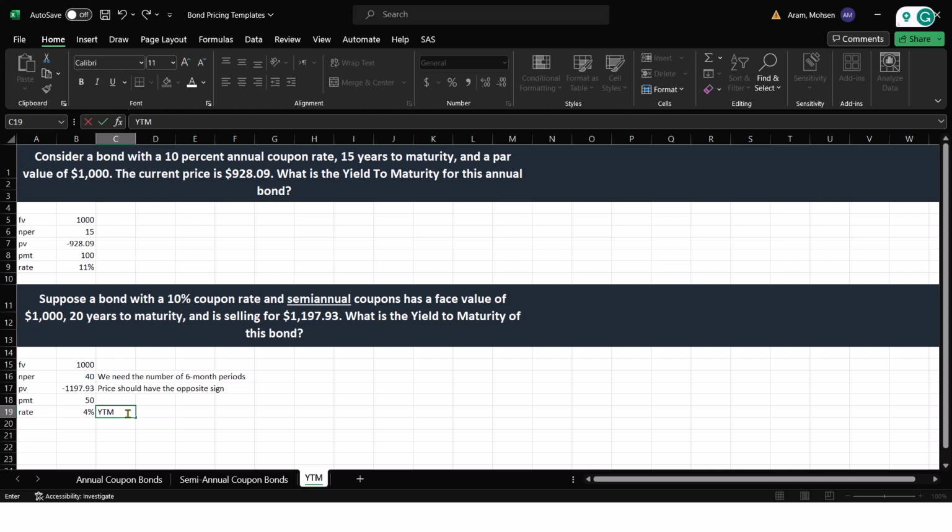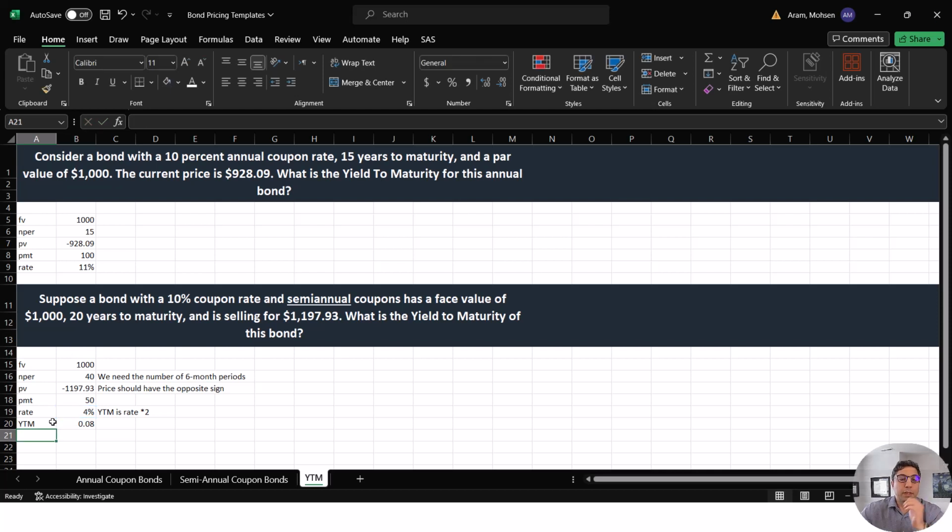So yield to maturity equals your rate times 2. So your yield to maturity would be your rate multiplied by 2, which is 8%.